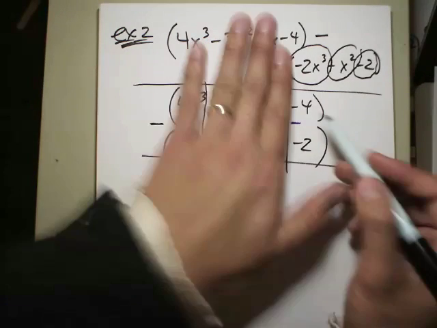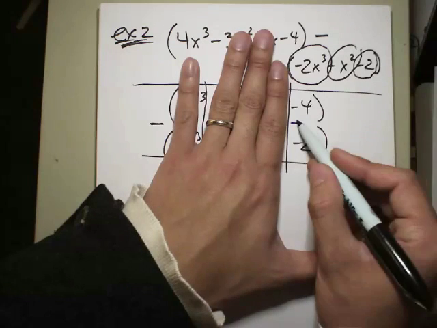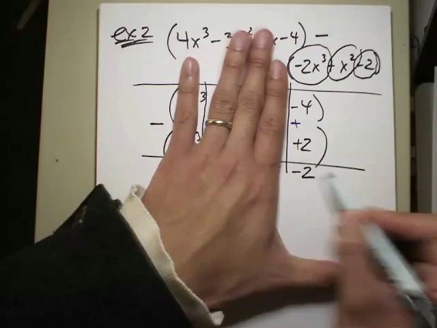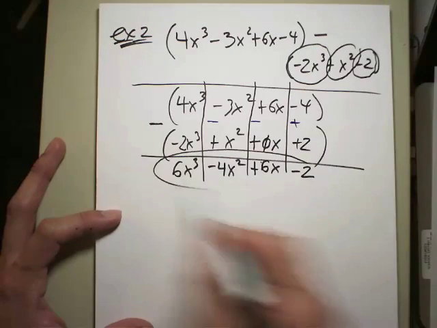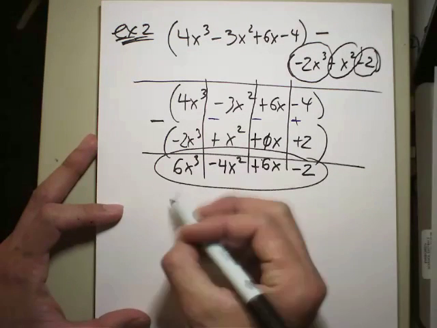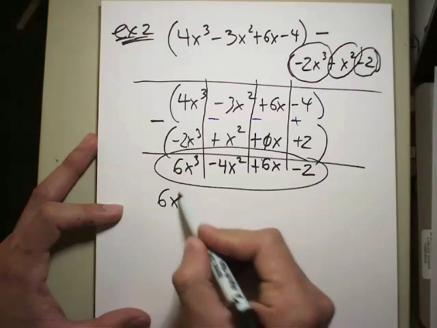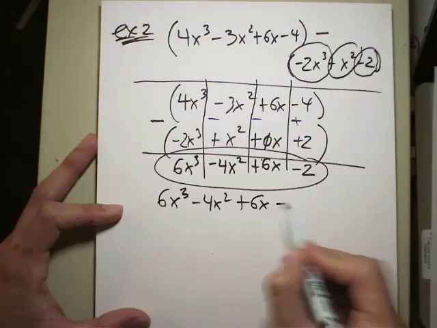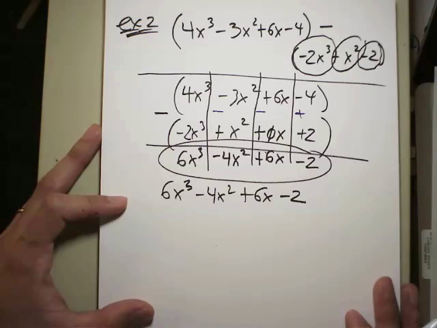Negative 4 minus negative 2, minus a negative becomes a positive, so it's going to become negative 2. Now if you circle that, that is your final answer. Let me just write it out clearly here: 6x to the third minus 4x squared plus 6x minus 2.